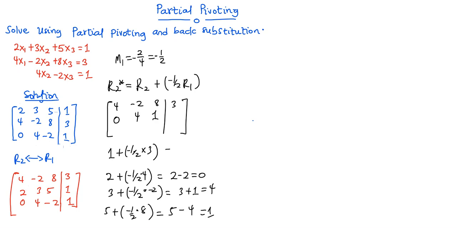So that will be equal to 1 minus 3 on 2. Okay, so that's what you're going to get for that. So 1 minus 3 on 2, that will give me a value of minus half. Okay, so you're going to have minus half here. Okay, so now we are done with row 2. That's our new row 2. So you have 0, 4, minus 2, 1 here.